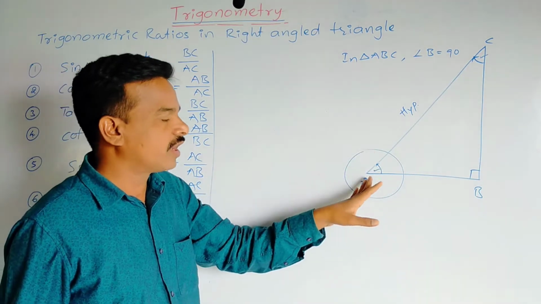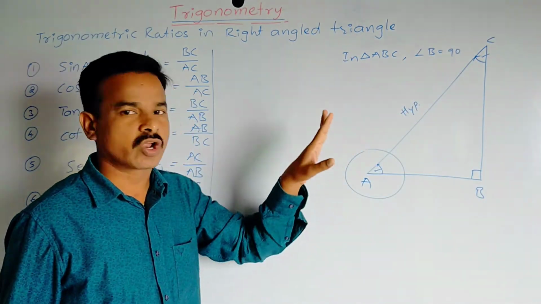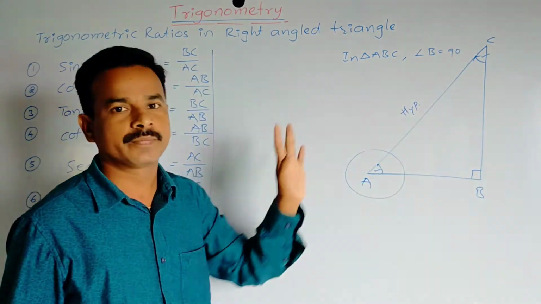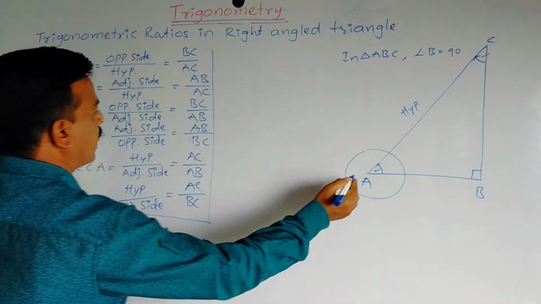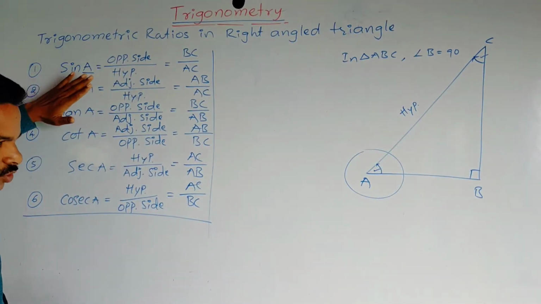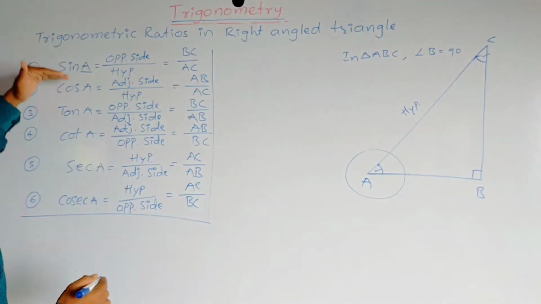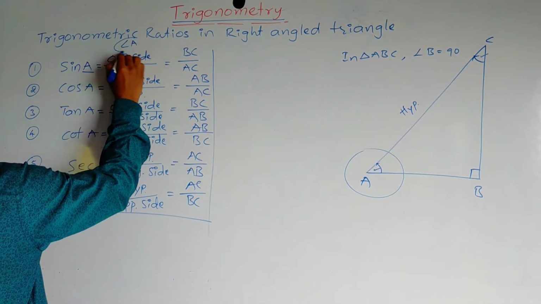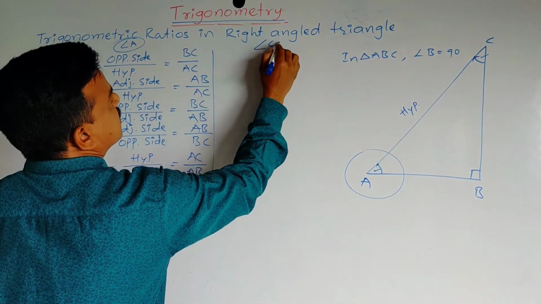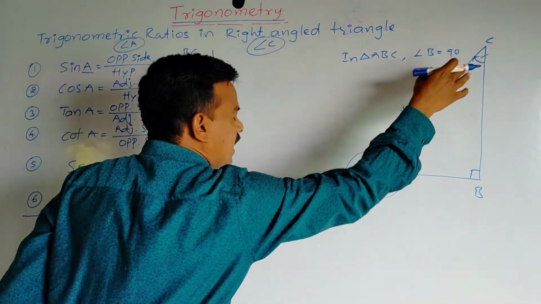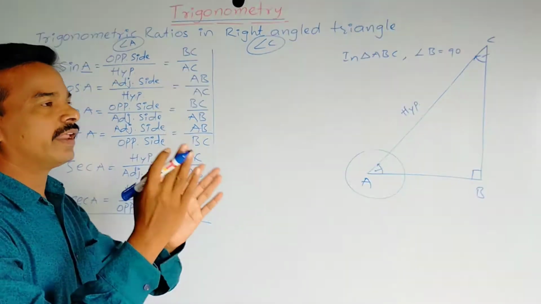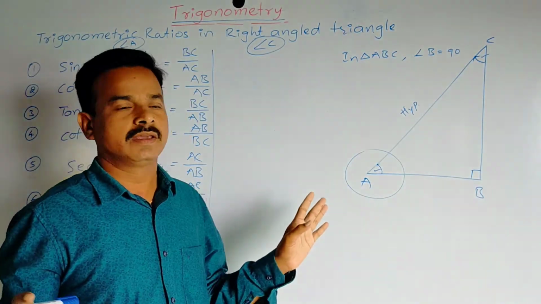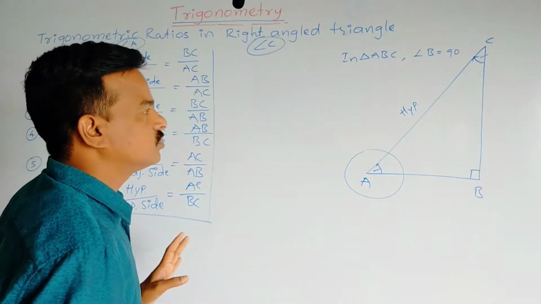Here triangle ABC is a right angle triangle, right angle at B. We took one acute angle A, and with respect to that angle we found the trigonometric ratios. Now we take angle C. We can also find the trigonometric ratios of angle C in the same right angle triangle.